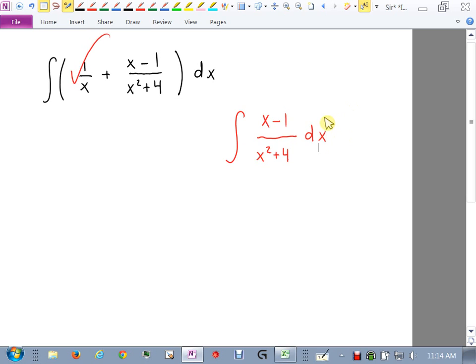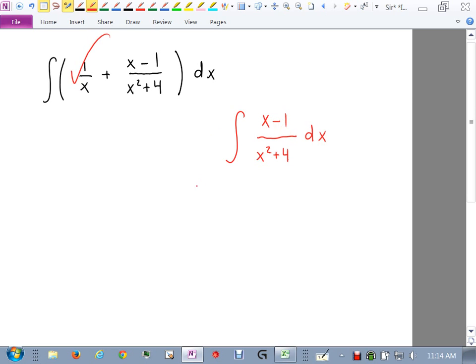If I call u the bottom, what's the derivative of the bottom? 2x. If it was just x up there, would you be able to handle that? And if I didn't have the x up here and it was the number, you said you would use arctan. But isn't this minus this, you can split this into two separate integrals?